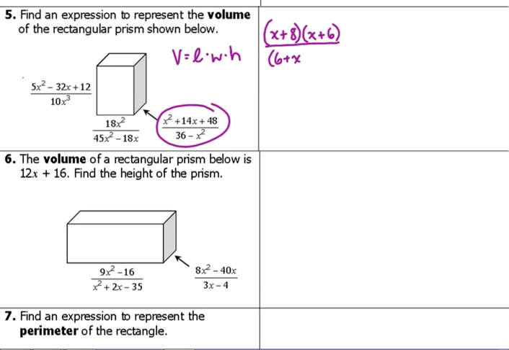That would be 6 plus x times 6 minus x. The one in the middle would be pretty easy to factor. The numerator doesn't factor. It's a monomial, so we just leave it as 18x squared. The denominator has a GCF of 9x, which leaves us with 5x minus 2.